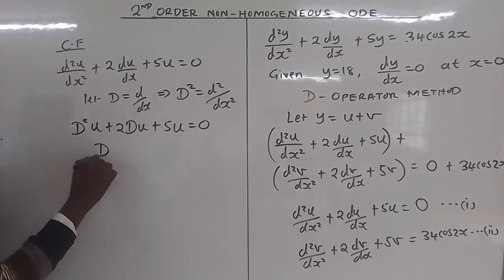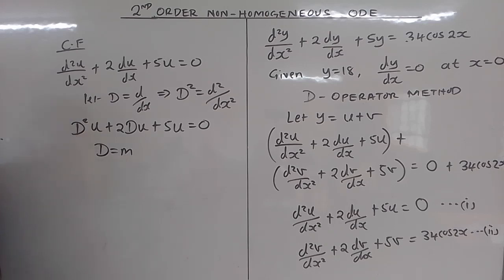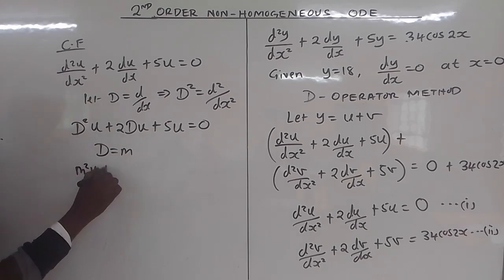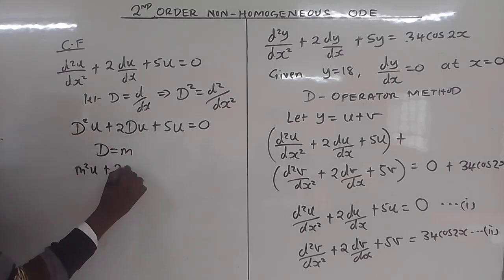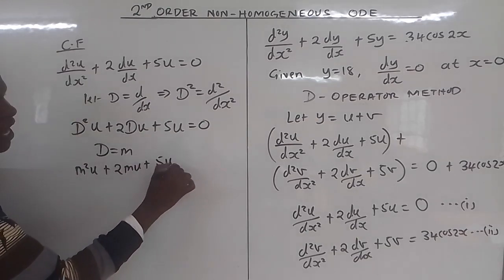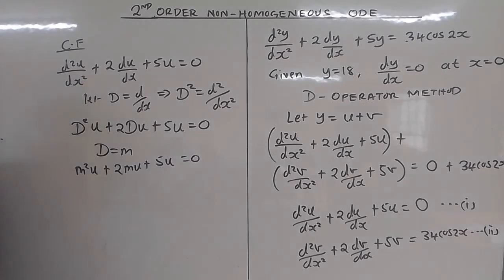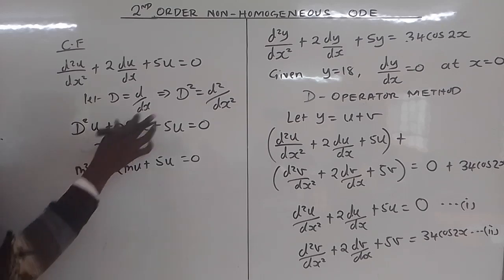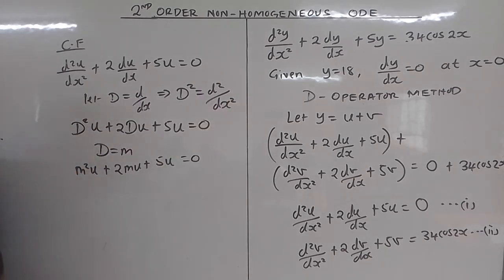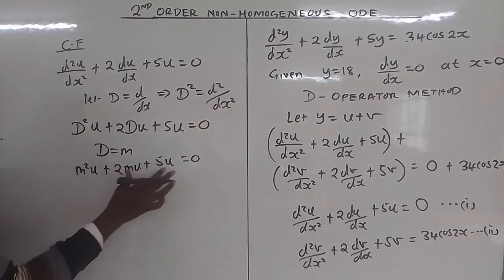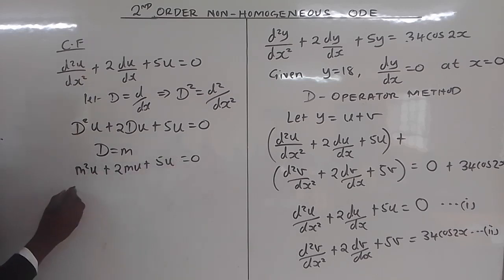Now you substitute D with m to get the auxiliary equation. Where there is D, you substitute m, and you get m squared u plus 2mu plus 5u equals 0. From here, u is a common factor and you can factorize it out. Here you could not factorize out because D is the derivative with respect to the independent variable x.